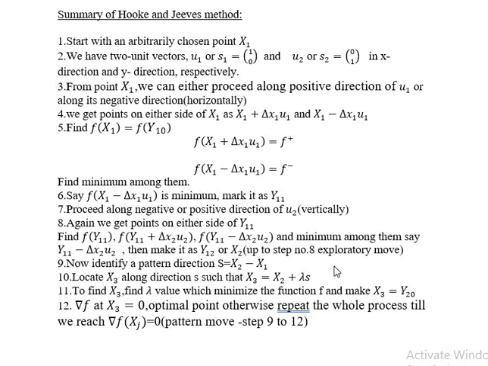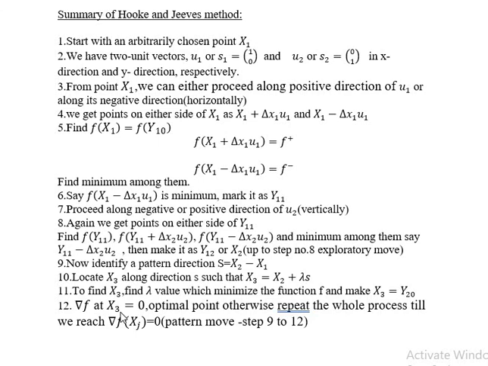Up to step number 8, the moves are called exploratory moves. Now identify a pattern direction S equal to x2 minus x1. Locate x3 along direction S such that x3 equal to x2 plus lambda S. To find x3, find the lambda value which minimizes the function f and make x3 equal to y20.